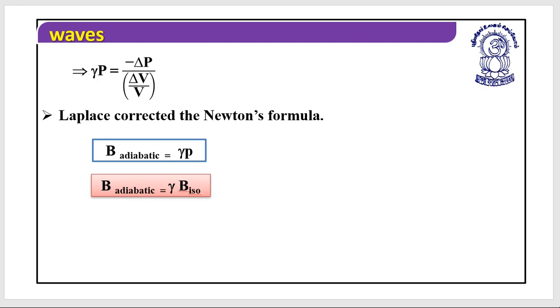Replacing this, γP equals minus ΔP divided by ΔV by V. As we have derived, this is B of adiabatic, which equals γP. So B adiabatic equals γ times B isothermal.